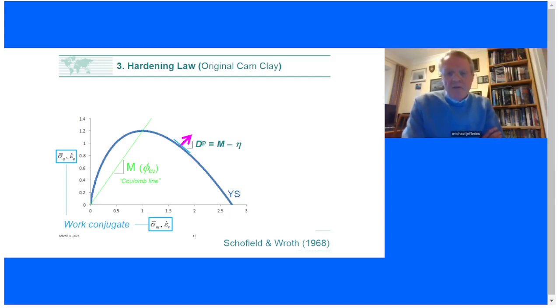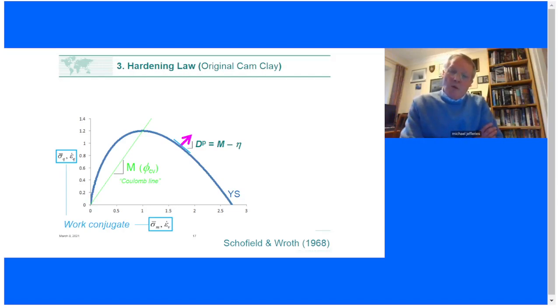The x-axis on the bottom is my mean effective stress, and also underlying it, my volumetric strain increment, epsilon v. And the words work conjugate is just a fancy phrase for that. If I multiply sigma q by my delta epsilon q, and I multiply my sigma m by my delta epsilon v, I add them together, I've got the correct amount of work going into the element of soil. We need to do that because we are using thermodynamics.